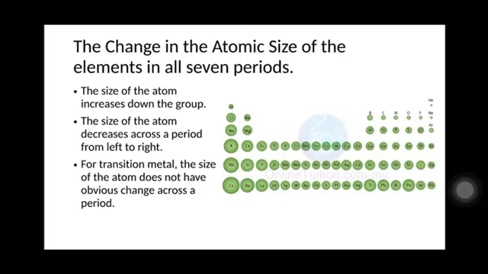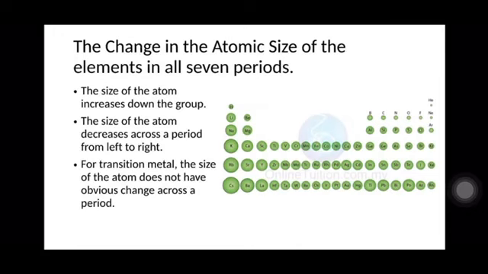So that's why for the period 3, the atomic size untuk period 3 sahaja, secara generalnya, daripada left to the right, the atomic size will be decreased. However, untuk transition metal, the size of the atom does not have obvious changes. Dia tak berubah terlampau obvious sangat, kalau kamu tengok dalam periodic table ni, yang ditunjuk dalam slide ni.